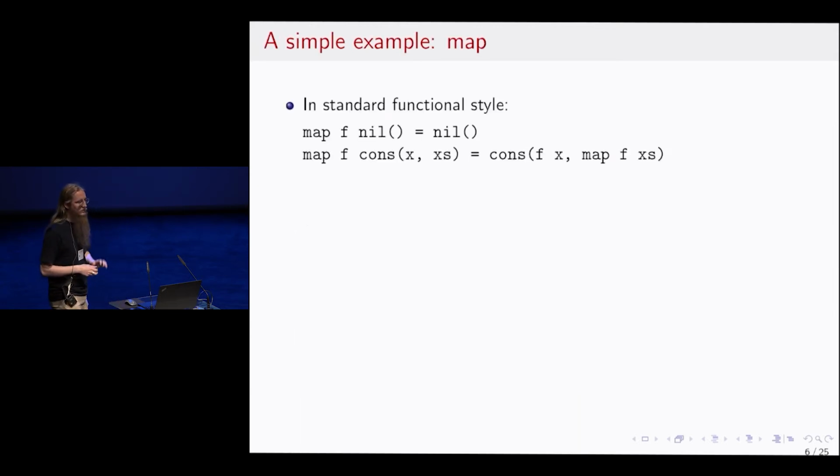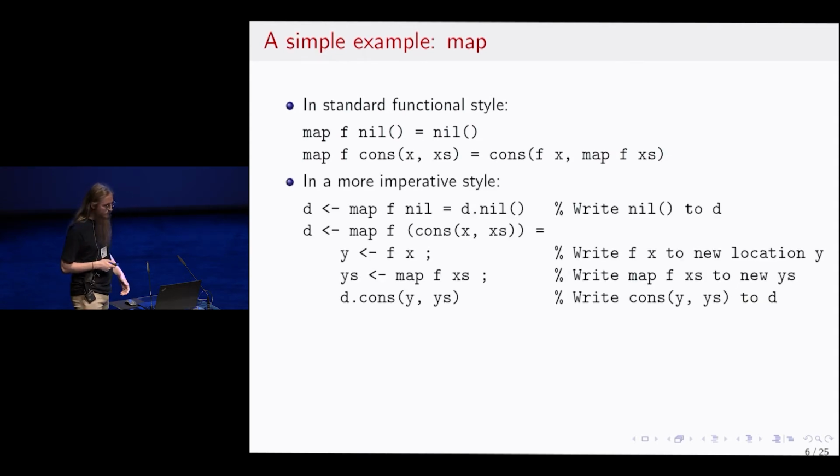So first, a simple example to just highlight what exactly the difference is between futures and some of these other systems. Everyone here has probably seen the map function many times because it seems to be the standard example to get used. So here's a usual functional implementation of map. And here, using the same notation that I've been writing before, a more imperative style where we talk about the destination that results get stored into.